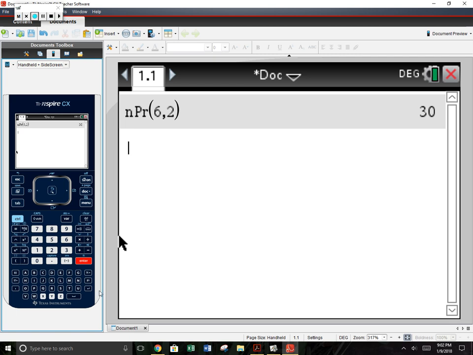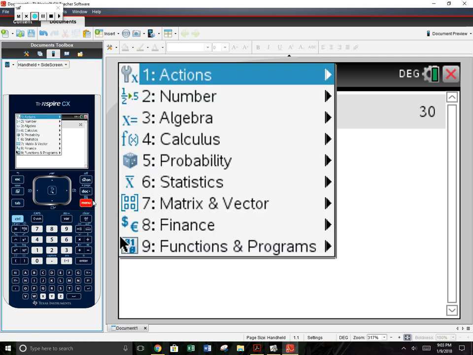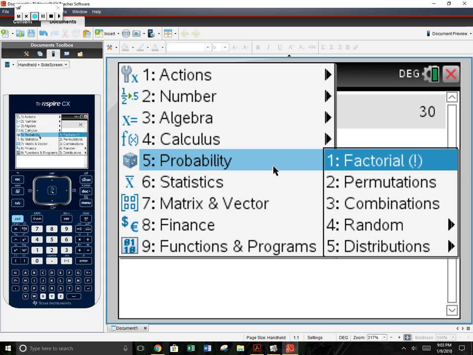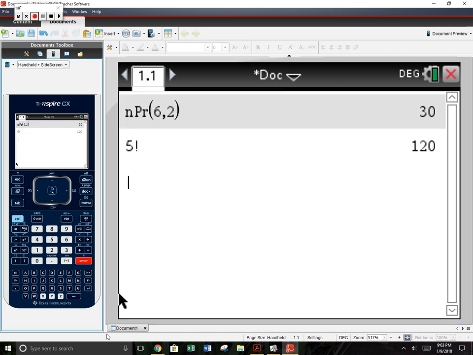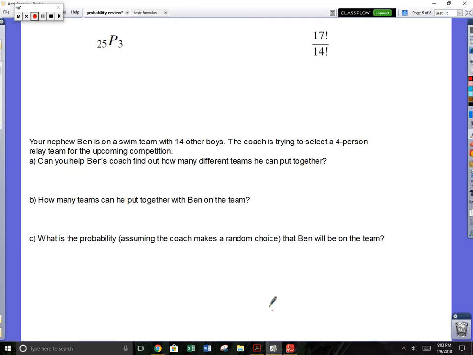Hit enter. 30. If I want to do 5 factorial, which is just 5 times 4 times 3 times 2 times 1, there we go. Hit enter. Easy.